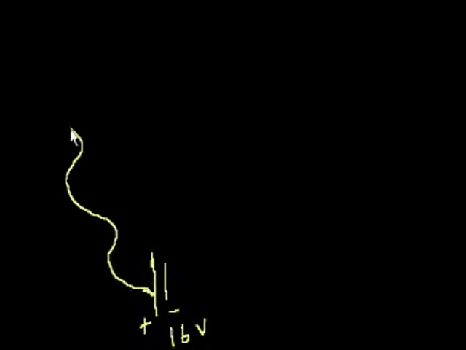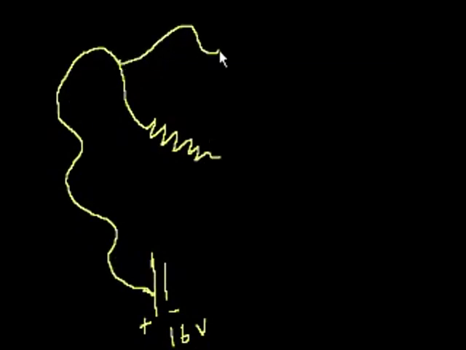So let's say I have a 16-volt battery, plus minus, it's 16 volts. And just to hit the point home that you don't always have to draw circuits the same, although it is nice if you're drawing complicated circuits, I could draw the circuit like this. And let's say that there's a resistor here, and then a wire, and then another resistor here.